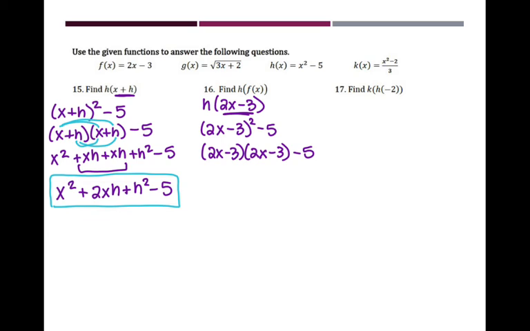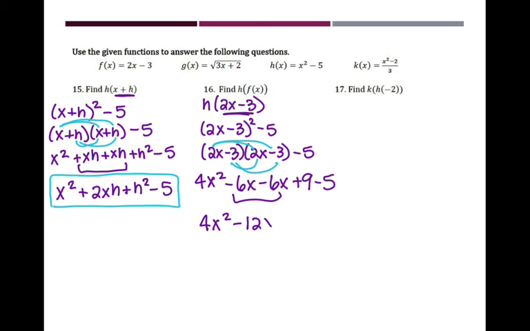And I'm just going to work through that multiplication. So 2x times 2x is 4x squared. 2x times negative 3 is negative 6x. Negative 3 times 2x is negative 6x. Negative 3 times negative 3 is a positive 9 minus that 5. So combining like terms again, I have 4x squared minus 12x plus 4, since 9 minus 5 is 4.